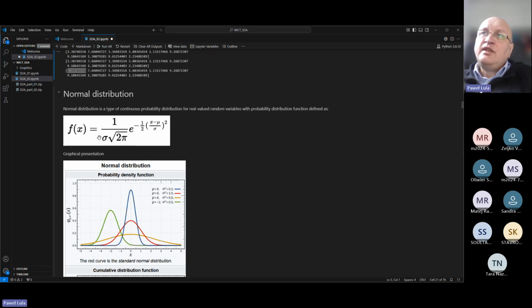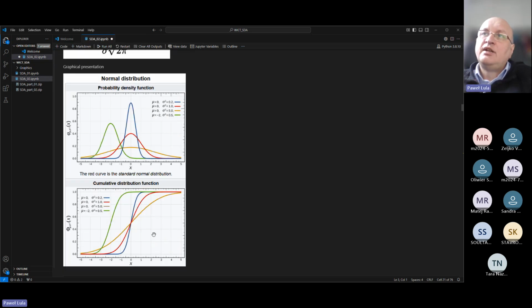This function always has a shape very similar to a bell, and therefore we can call it a bell-shaped function. It is the probability density function.